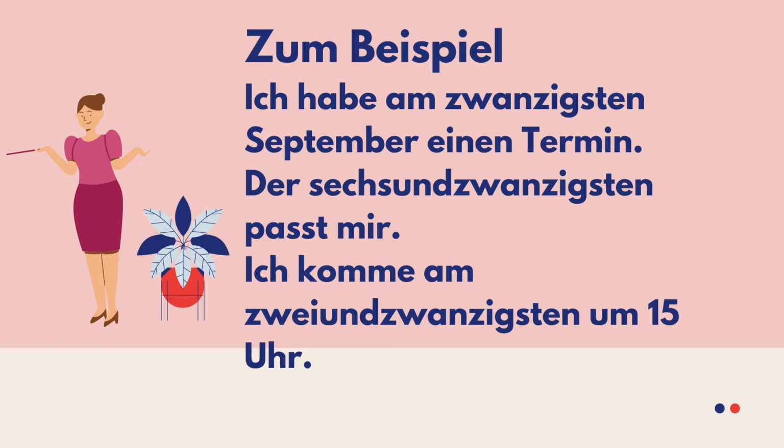So here we can also see that am is used and then the number 22, then sten, because it's after 20, yeah? If it's 2, zweite, yeah? Dritte. On the 3rd, am dritten, yeah? So it can be used like this.